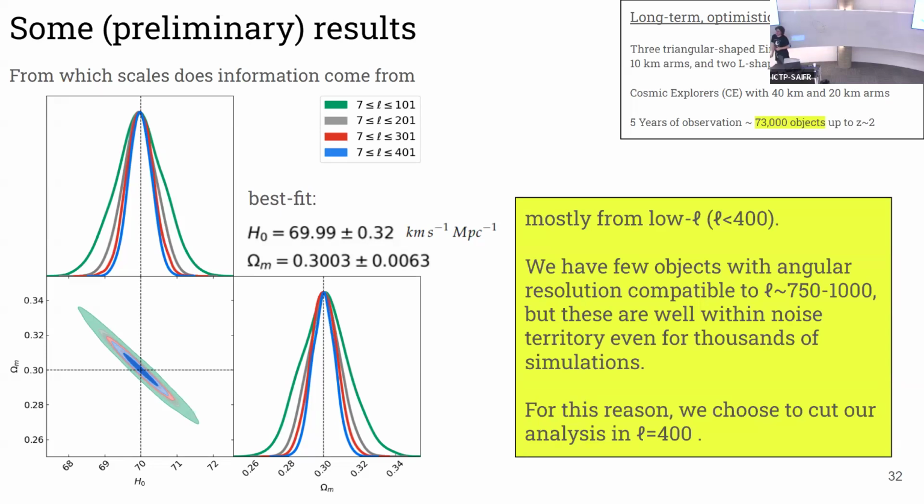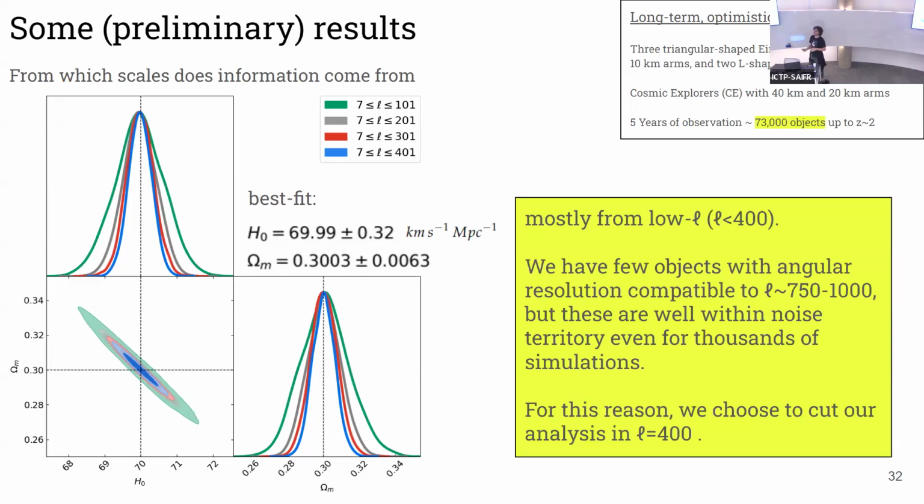So we get 0.32 on the Hubble constant. This is a comparison of where the information is coming from, and it is mostly from the large scales, because on small scales, even if we have some events with 0.1 square degree resolution, they are so few that they are basically embedded in noise. So there is no reason to go further than L of 400.